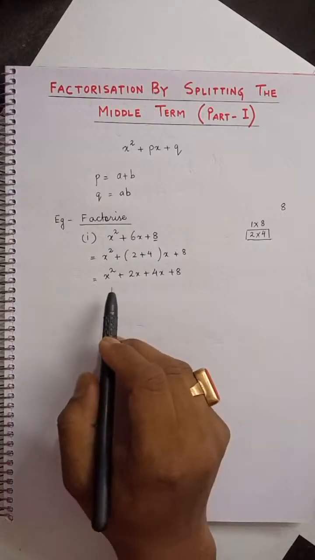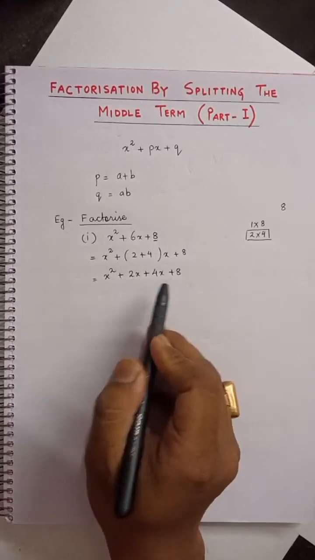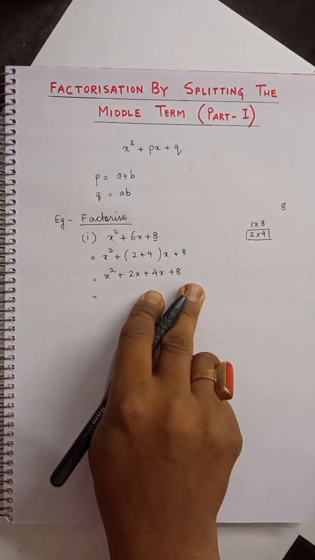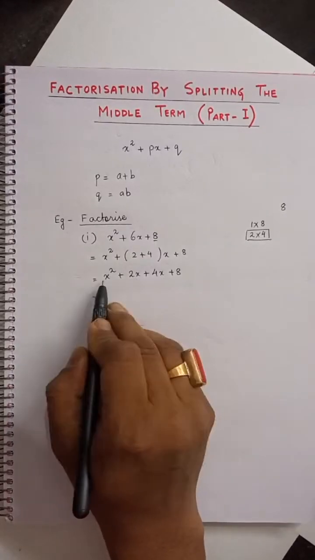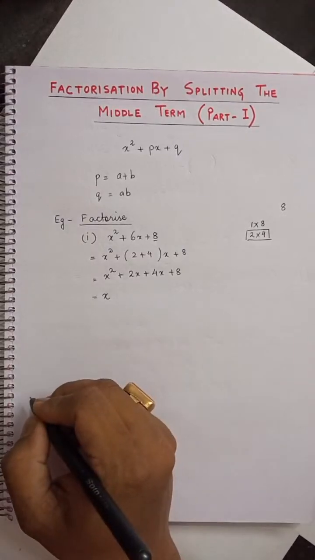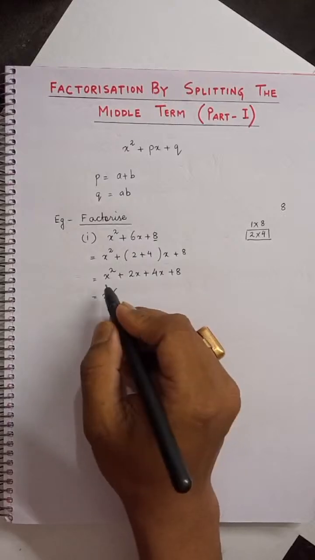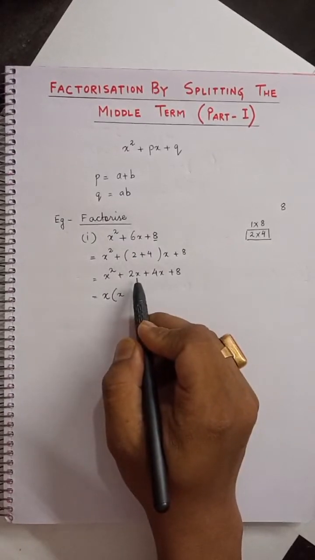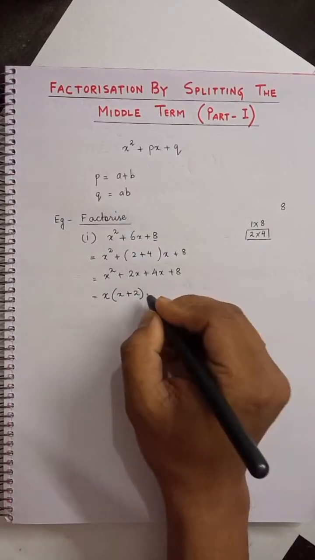Now we have 4 terms, so what we can do is take out common factors from the first 2 and the last 2 terms. Among the first 2 terms we can take x as the common factor. If we take out x, we are left with x from the first term and 2 from the second.